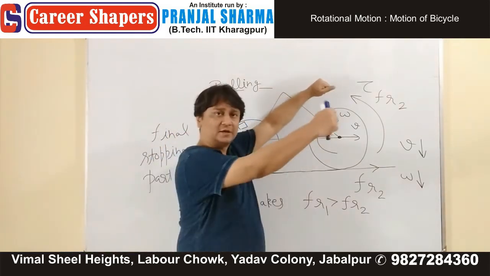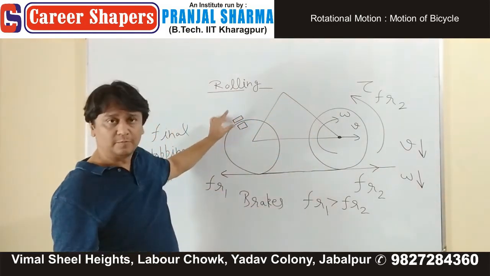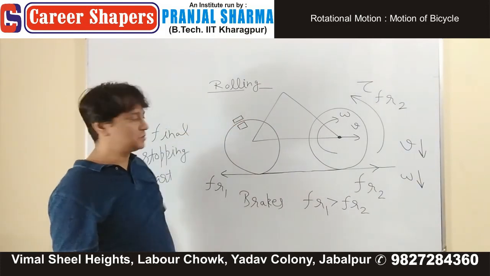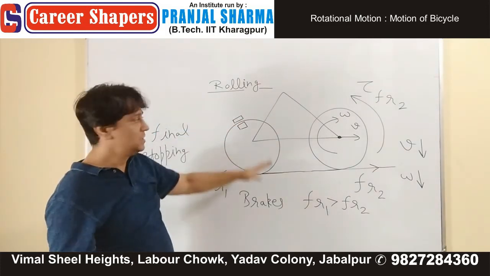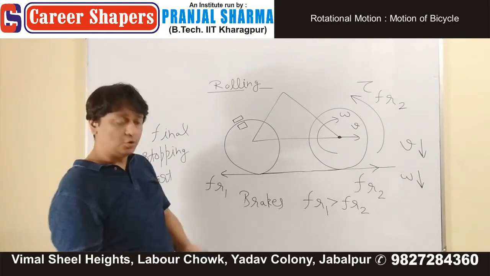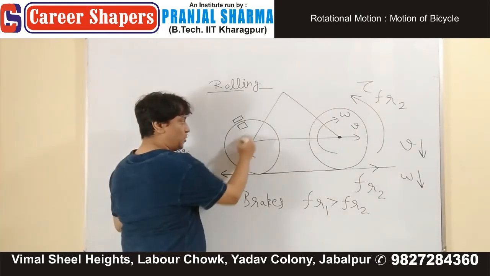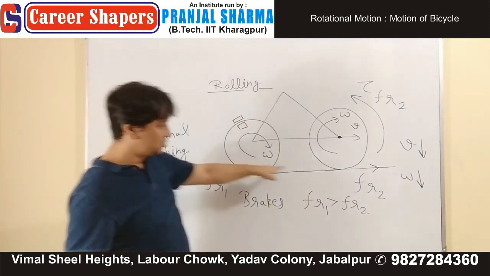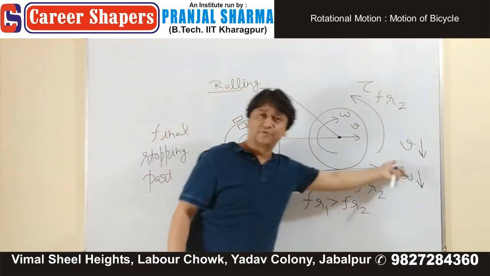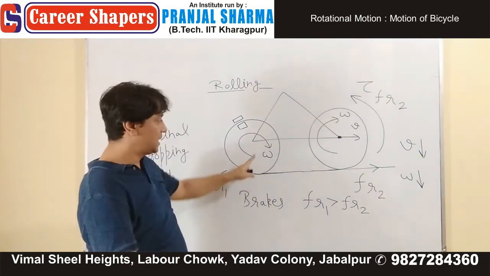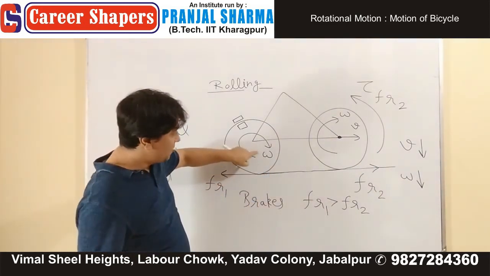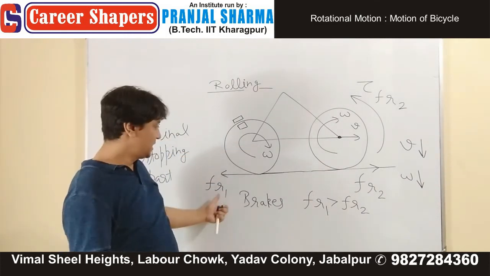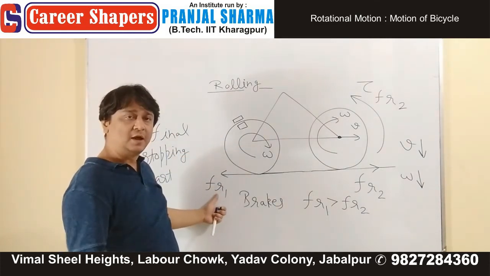And you apply brakes, basically pressing these two things against the rim, and that is causing it to lose its rotational speed. So, this wheel is moving in this direction with omega, and you want to decrease omega. चाहे फ्रंट हो चाहे रियर, दोनों का ओमेगा क्या होने वाला है? डिक्रीज. ये जो ओमेगा डिक्रीज करने का काम है, आपको दिख रहा है कि FR1 के हाथ में नहीं है.